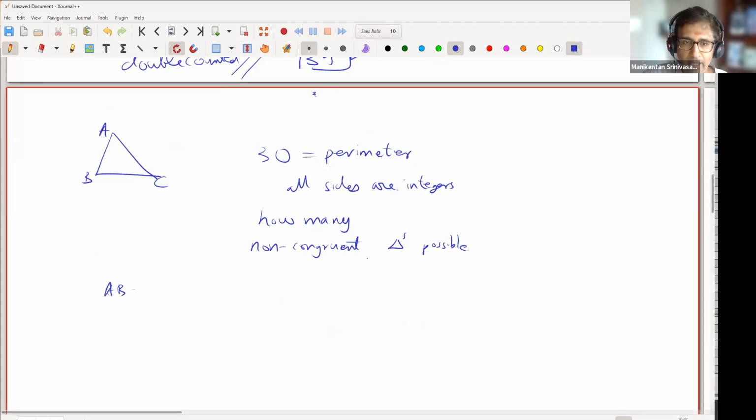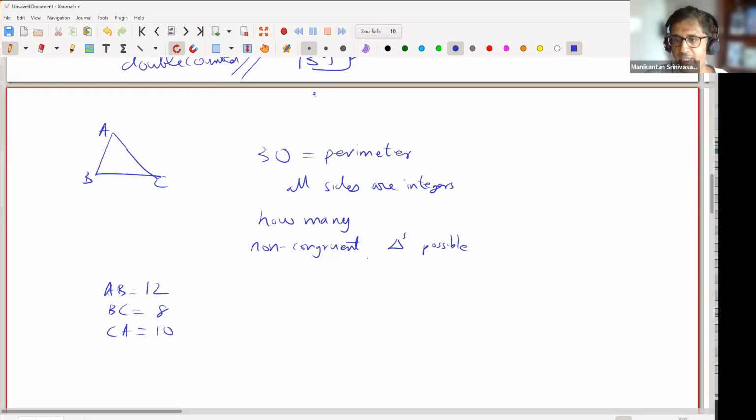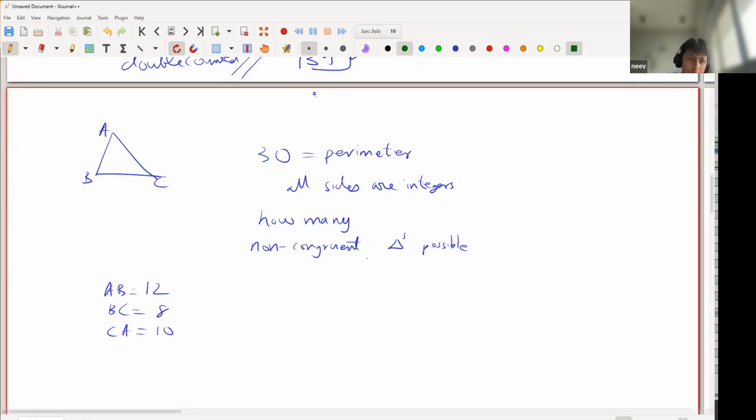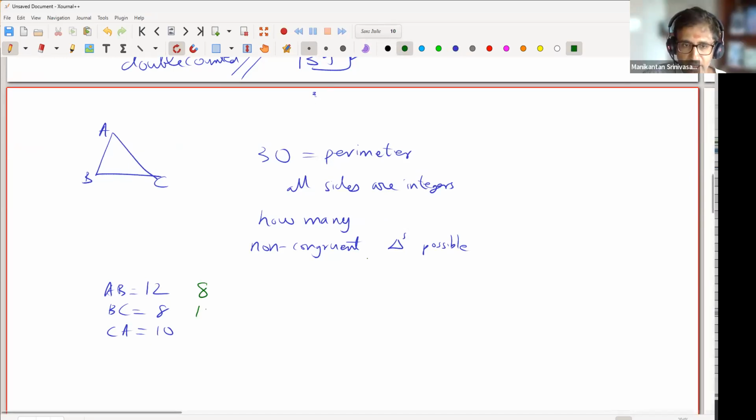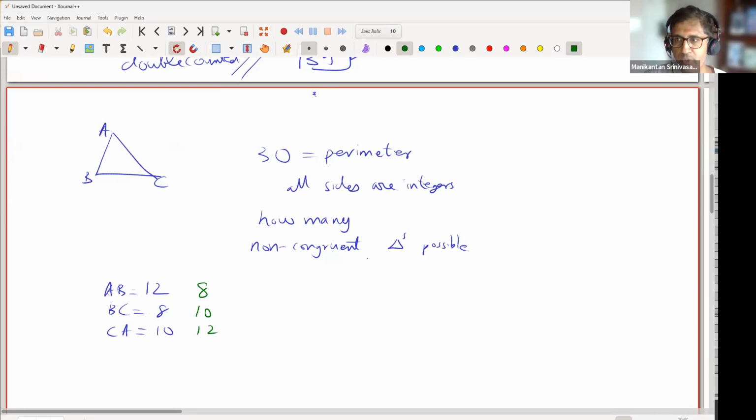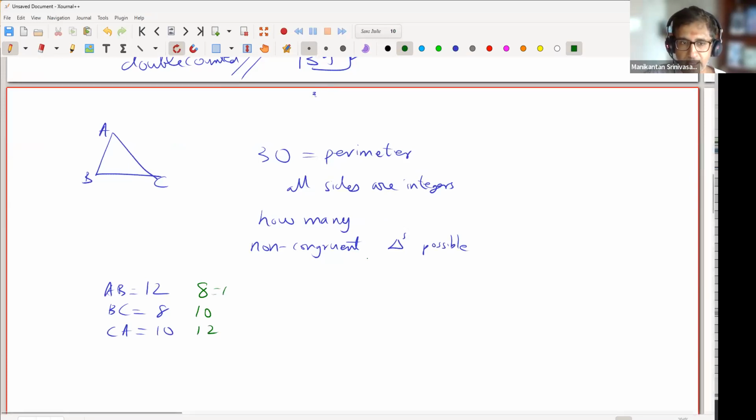Can AB be, let's say, 12, BC be 8, and CA, the third side, be 10? Is that a valid triangle, Neve? Okay, because 10 plus 8 is definitely more than 12. On the other hand, I could have AB is 8, this is 10, and this is 12.